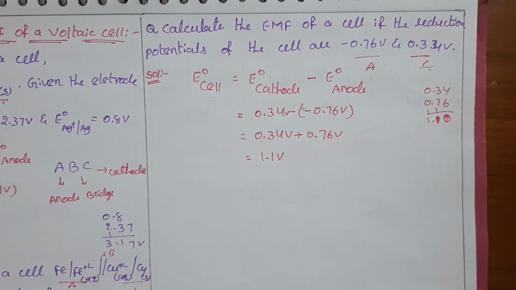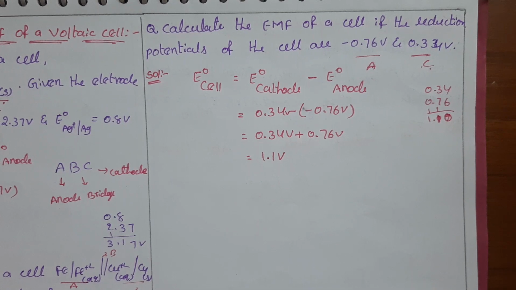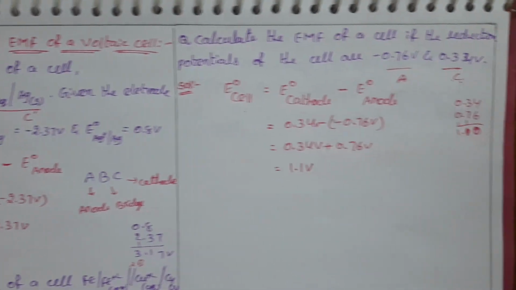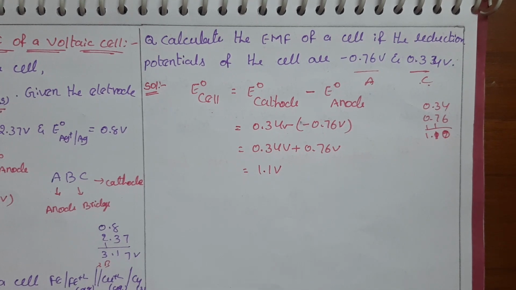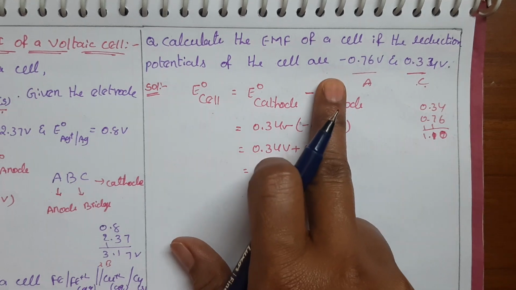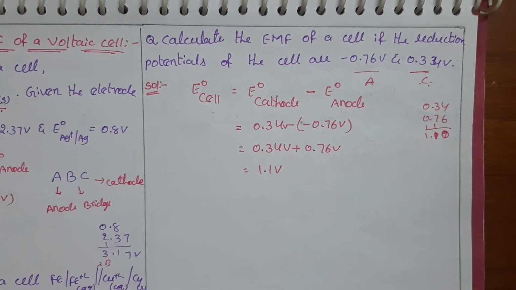If the cell representation is given, this is the way to find the E naught of a cell, and without cell representation, to find the E naught of a cell we just consider the greater value as a cathode and the smaller value as an anode.